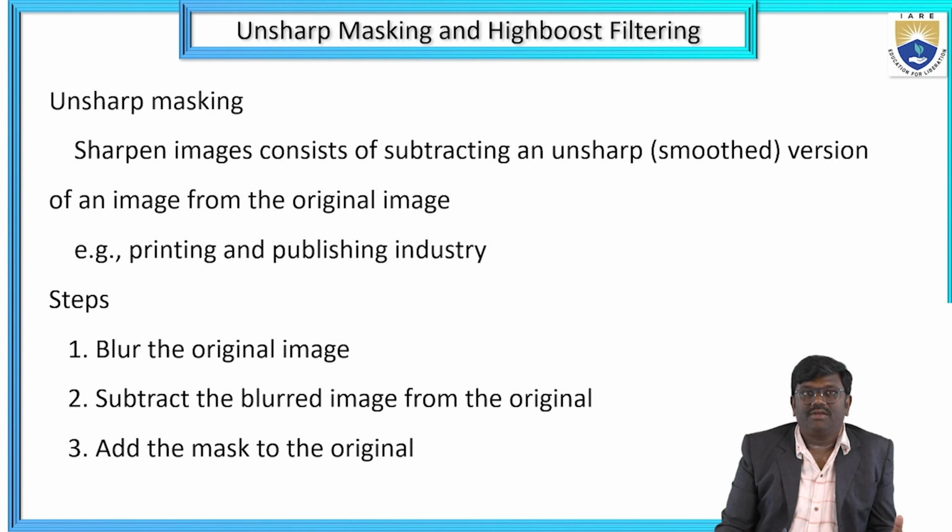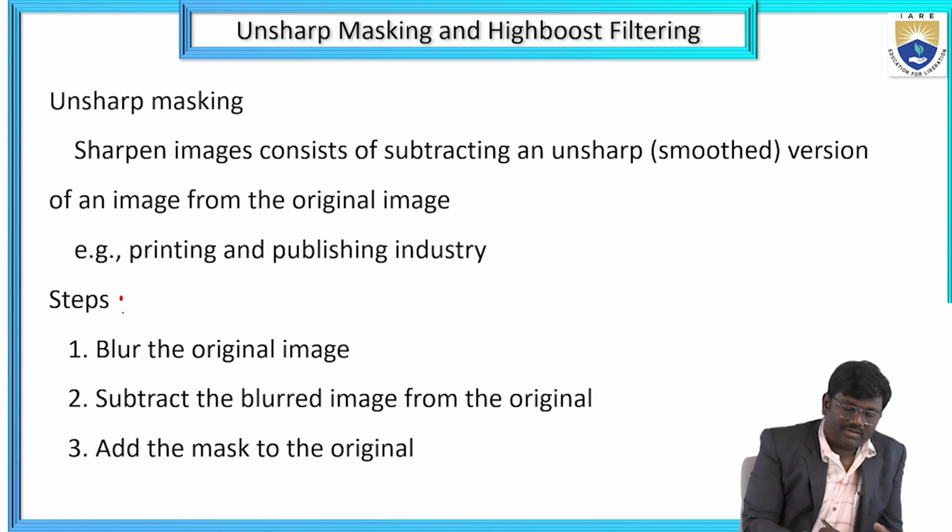So yes, we are now concentrating not only on simple masking methods, but on unsharp masking and high boost filtering, whenever we are considering nonlinear filtering processes. Unsharp masking means sharpening the image by subtracting an unsharp, that is a smoothed version of the image, from the original image. For example, in the printing and publishing industries, there are three steps.